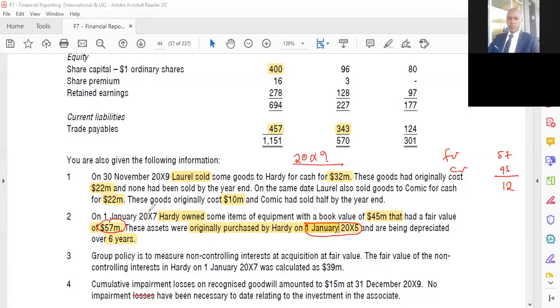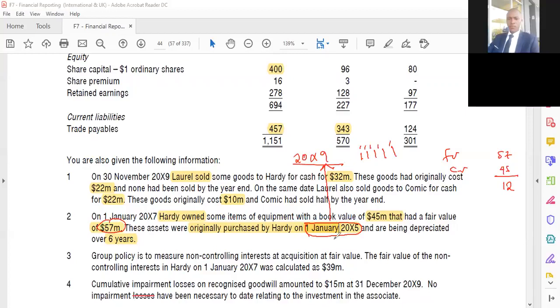So if this asset was purchased in 20x5, how many years to 20x9? 20x5, 20x6, 20x7, 20x8, 20x9. From January 1, 20x5 to 31st December is 1 year.